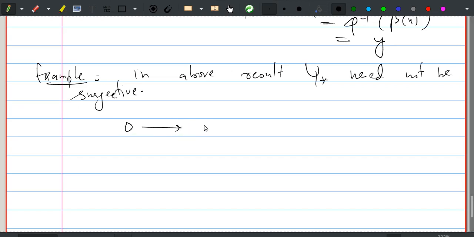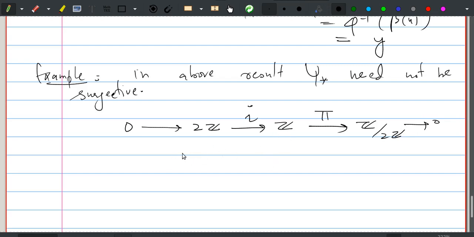So 0 goes into 2Z, 2Z goes into Z, and Z goes into Z mod 2Z. This is the Euclidean map and this is the canonical map, and this goes to 0. So this is an exact sequence here.